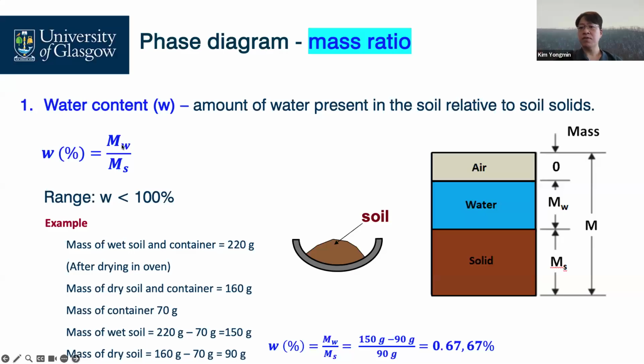Hi, prof, what is the difference between water content and degree of saturation? I just said to you, water content is the mass. Degree of saturation is the volume. Okay? But the physical meaning is quite similar.